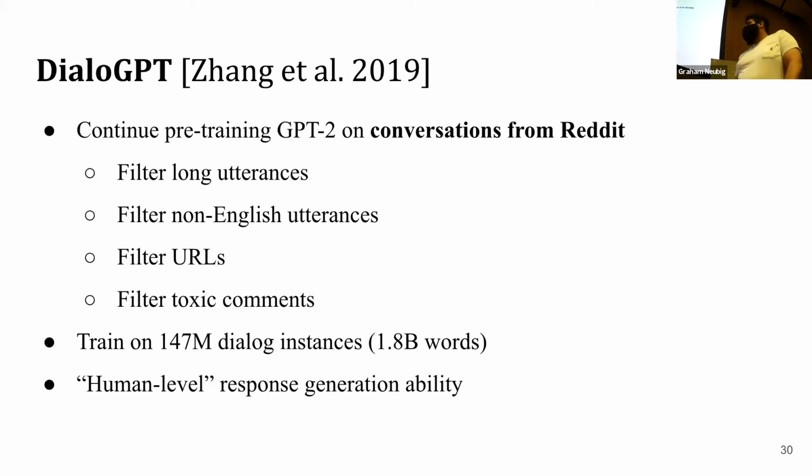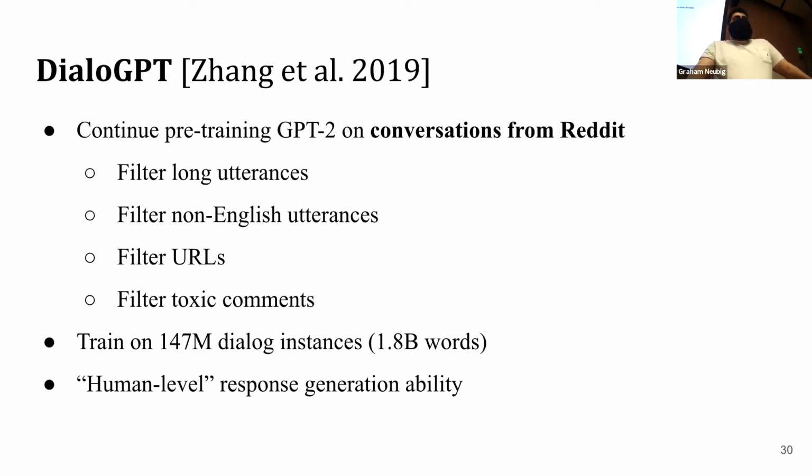And according to their paper, they attained human-level response generation ability. The way they came to this conclusion was, given some dialogue context, they had DialoGPT produce a response, and then they had a human annotator produce a response. Then, given a large set of dialogue contexts and responses from both DialoGPT and the human annotator, they asked a number of humans to look at both utterances and determine which one they liked better.